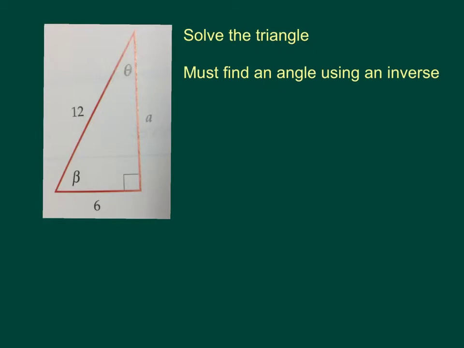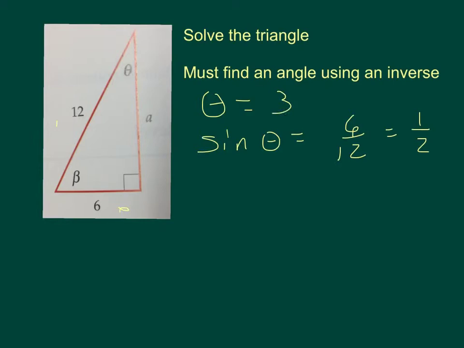For this problem, I have to find angle measures, so I will need to use an inverse to get there. If I want to find theta, I have an opposite and I have the hypotenuse, so I know the sine of theta is equal to 6 over 12, which is 1/2, and from my special triangles, I know that the sine of 1/2 is 30 degrees.